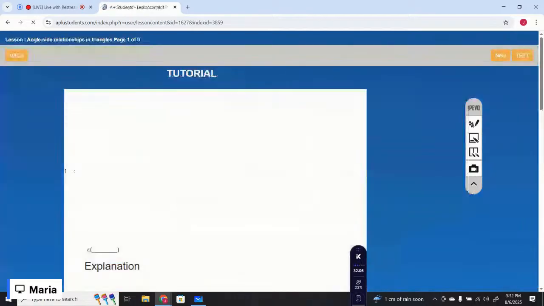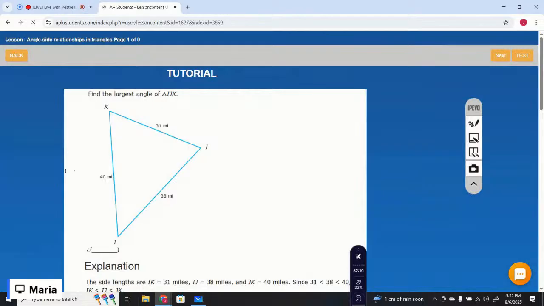Angle side relationships in triangles. Find the largest angle of triangle IJK.